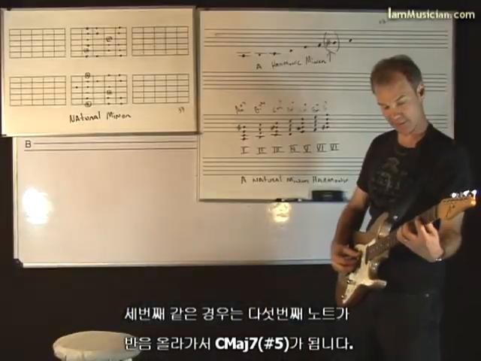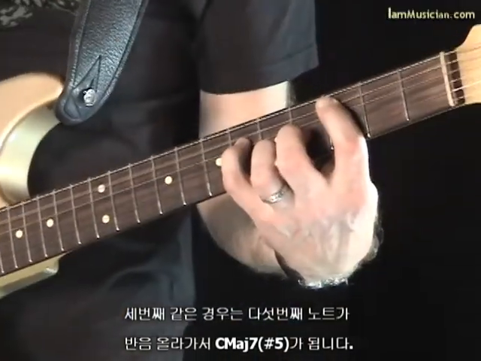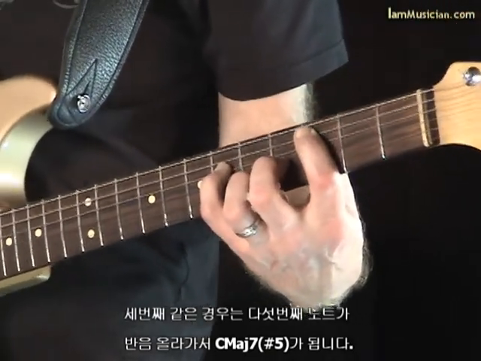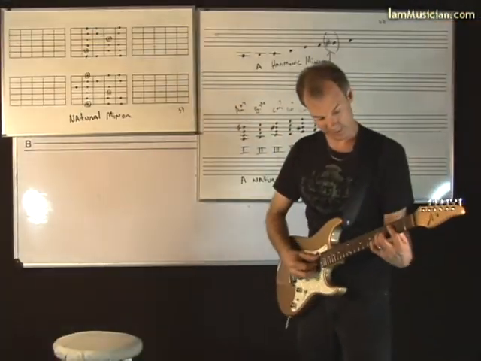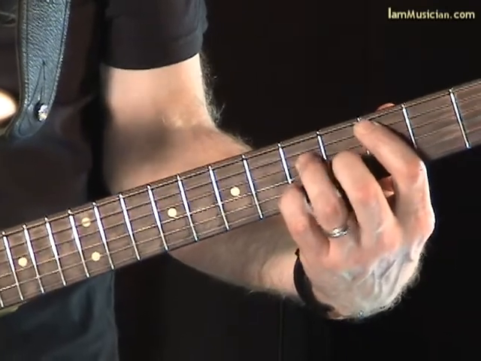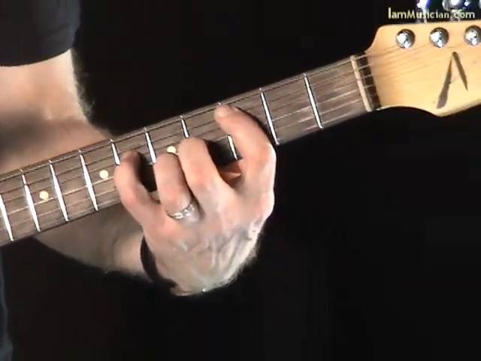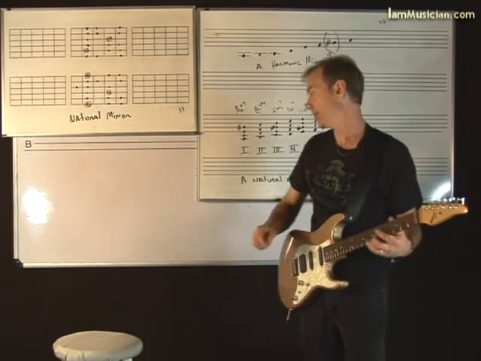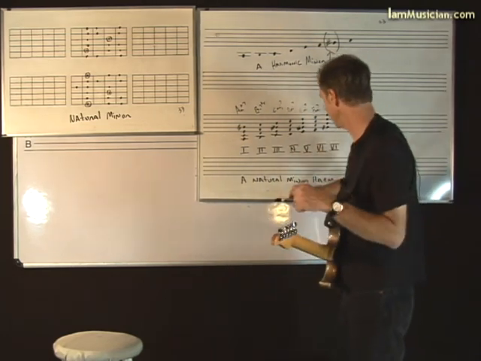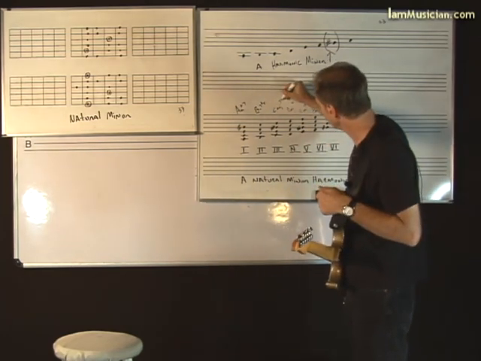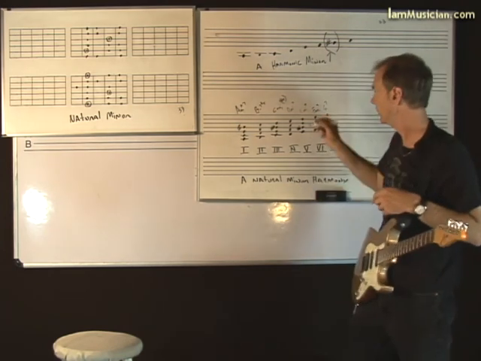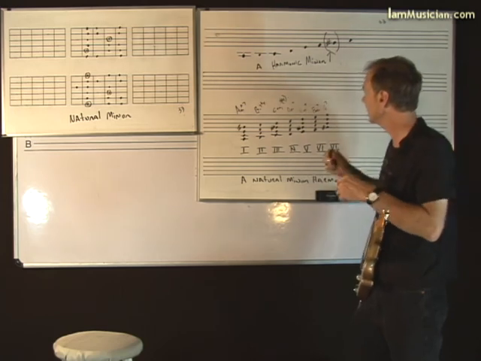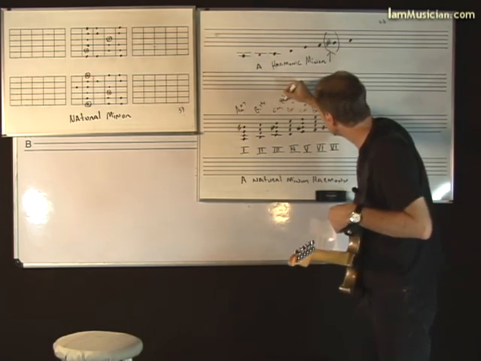So that's exactly what that's going to be called now, a major 7 with a sharp 5. So there's a voicing that you could learn right there. Here's a major 7, and here's a major 7 with a sharp 5, because again we have the G sharp replacing the G. So let's fix that. Major 7, and all we have to do is just say sharp 5, and then we've got the correct spelling. It's supposed to be a 5 there.